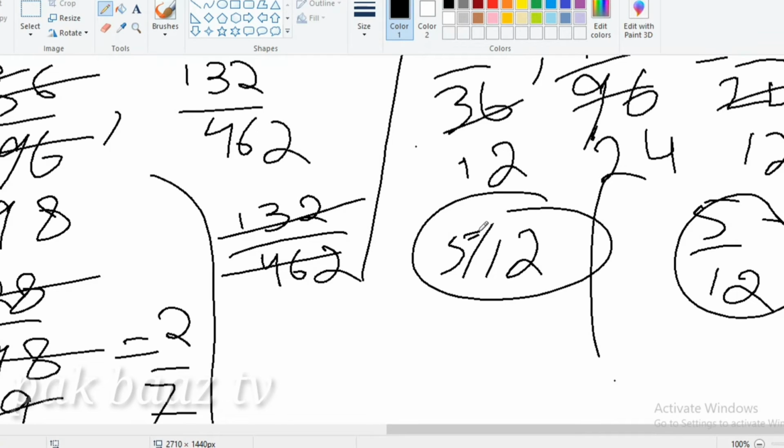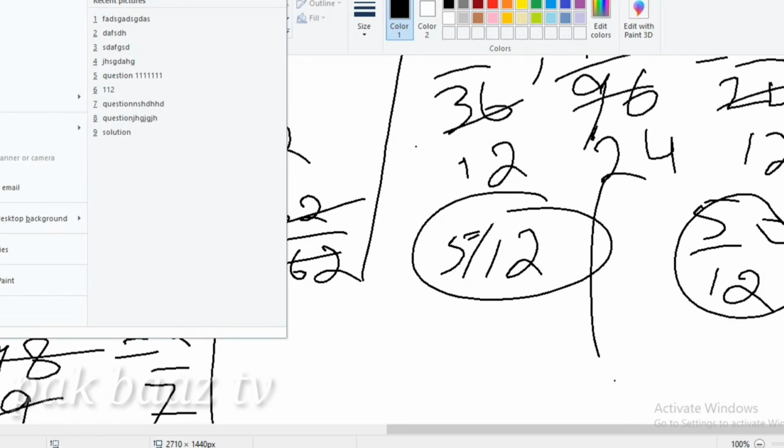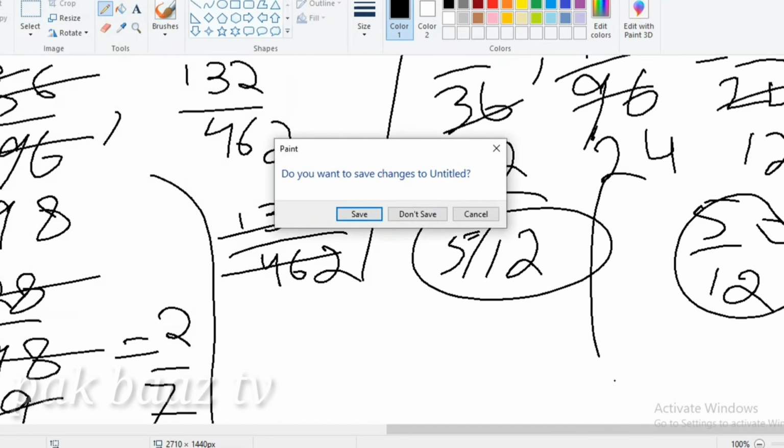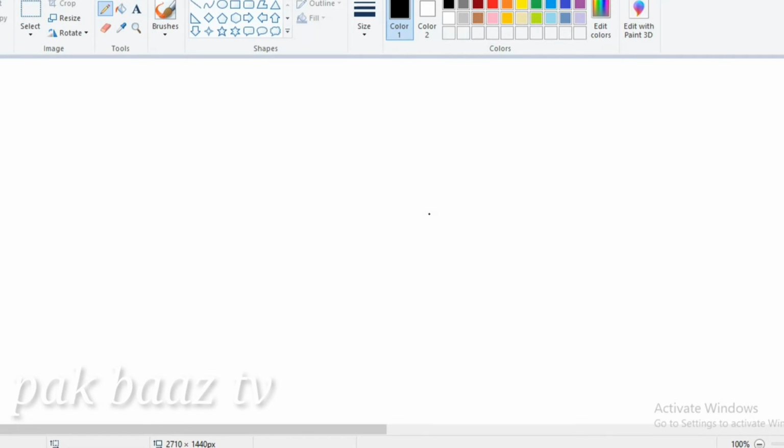Why? Because the first fraction has the answer 5 by 12 and the same is the second one, 5 by 12. Okay, got it? Clear about this? If I'm going to give you the same question, can you solve it?